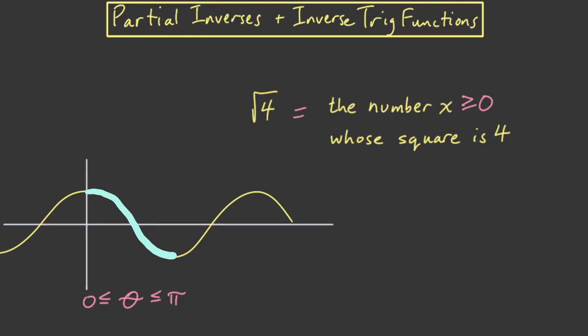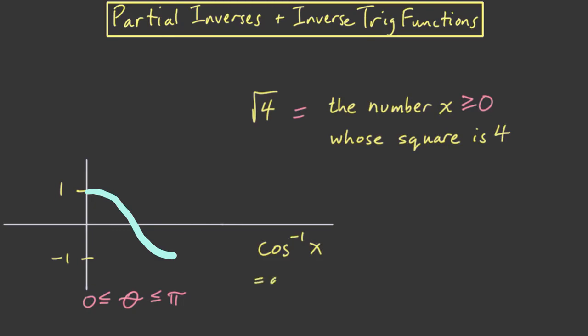And notice, even though we're ignoring all of the stuff to the right and left, and let me just erase it, we still have the entire range of the cosine function, from -1 to 1. Okay? So, given this choice of restricted domain, we get a partial inverse for the cosine function. We're still going to denote it by cosine inverse of x, like this. And remember, that's not an exponent right there.